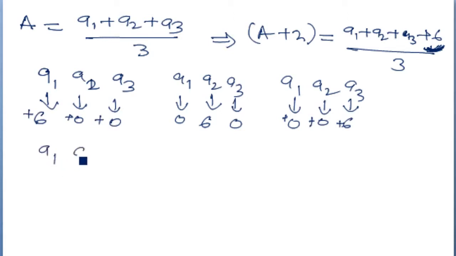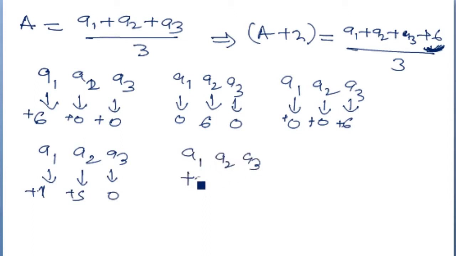Or we may write it like 1, 5, 0. There are various other cases also. In all the cases, the average is going to increase by the value 2.